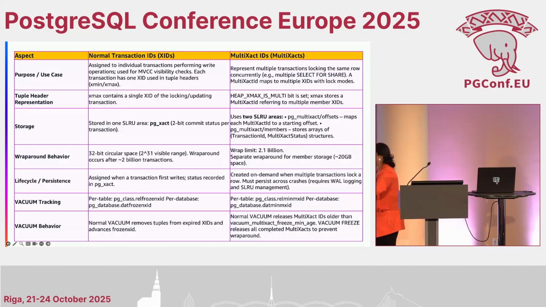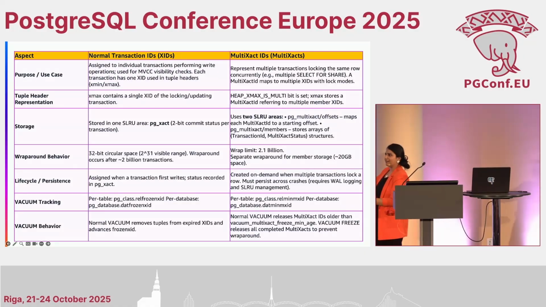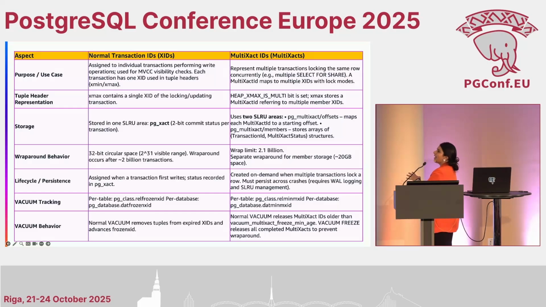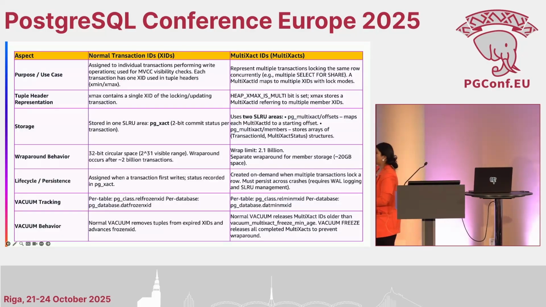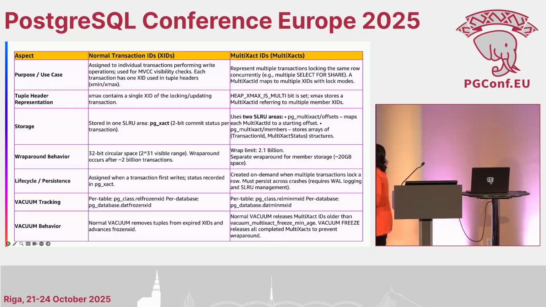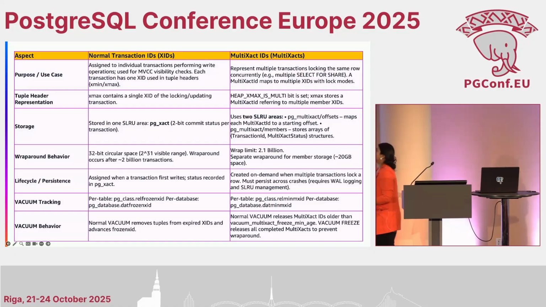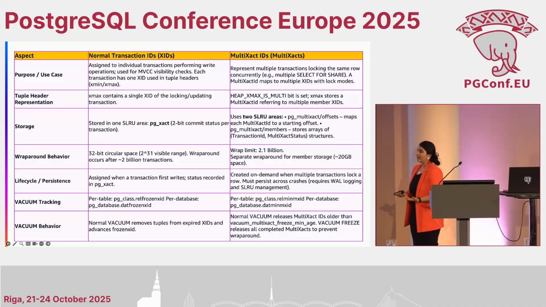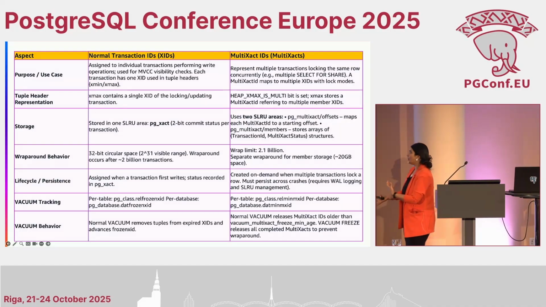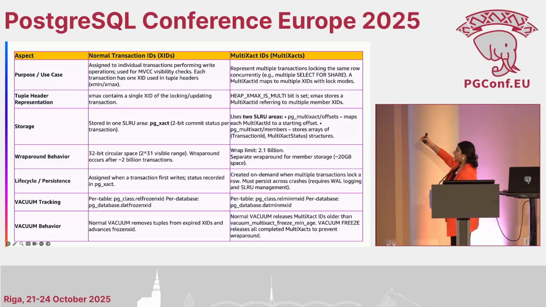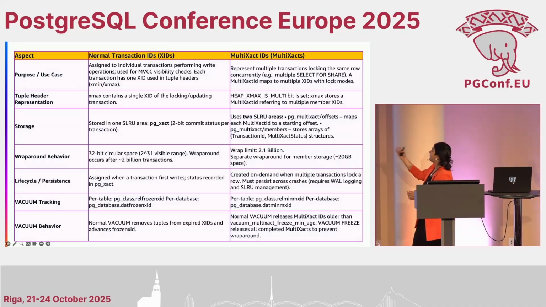Now that I have time, it's a very text-heavy slide, but it compares standard transaction IDs to MultiXacts. If you understand the concept of standard transaction IDs, it is easy to compare like this. So we will go through these now. Standard transaction IDs are used for MVCC visibility checks, and each transaction has an XID in the tuple headers, one XID.